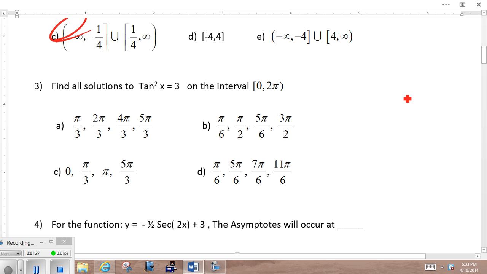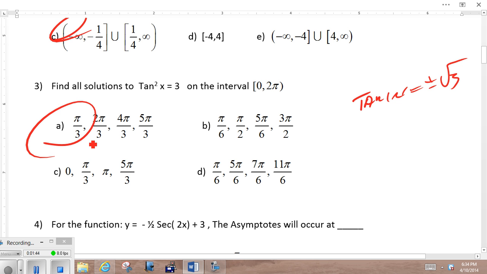Okay, all solutions to tan squared equals 3, so that's the tangent of x equaling plus or minus √3, which should be all pi over 3 reference values, okay, which is A.